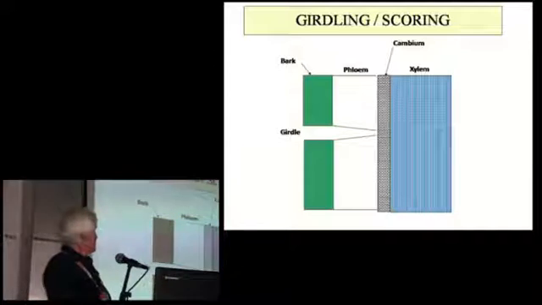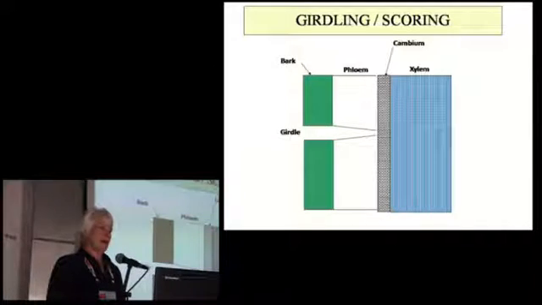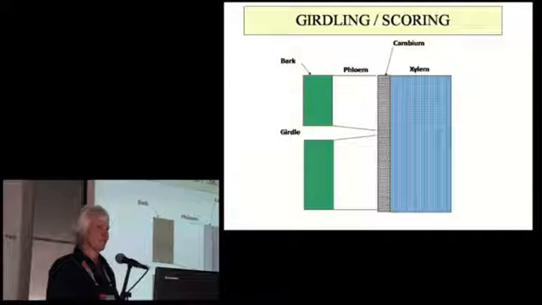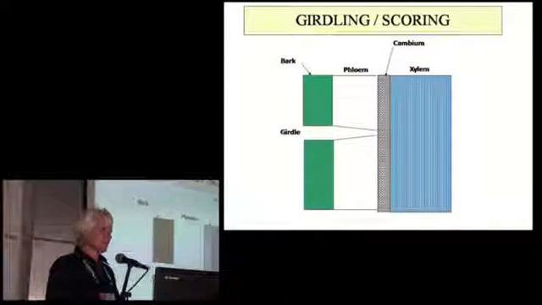This is just to interrupt the communication system within the tree, and one can expect, depending on how big the girdle is that you make, that there might be a reduction in shoot growth. But I know of a number of cases where it is actively used, but without actually reducing shoot growth very effectively. So it is an option.